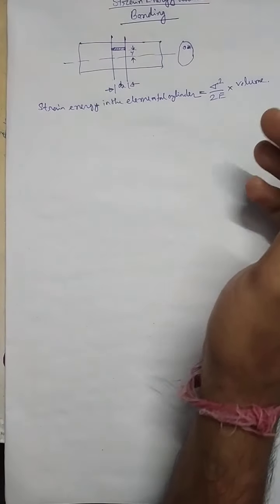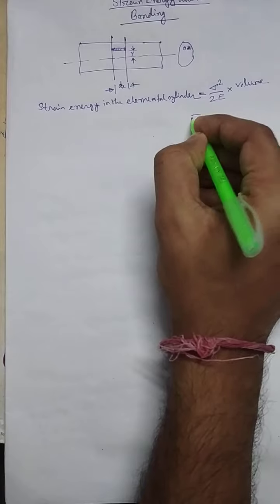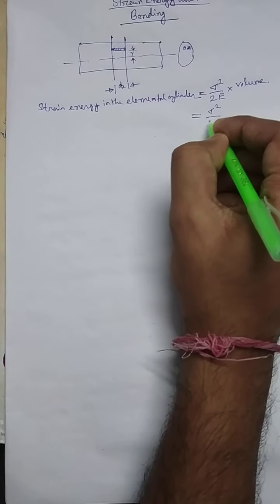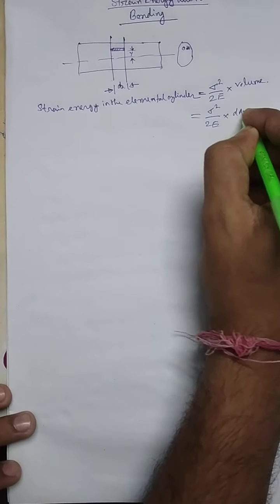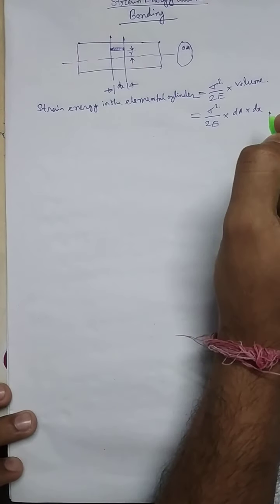When I put the value of the volume, it will be equal to dA, its area, into dx, its length.